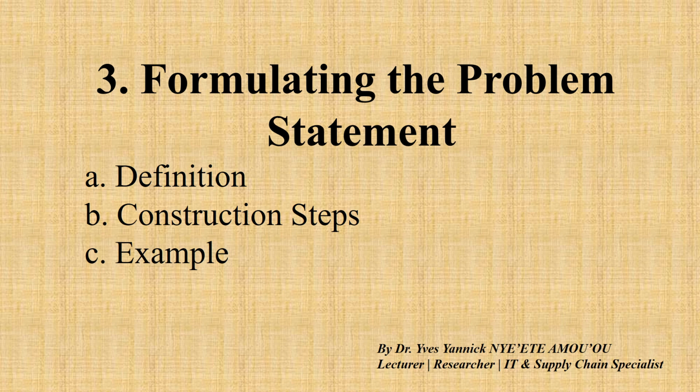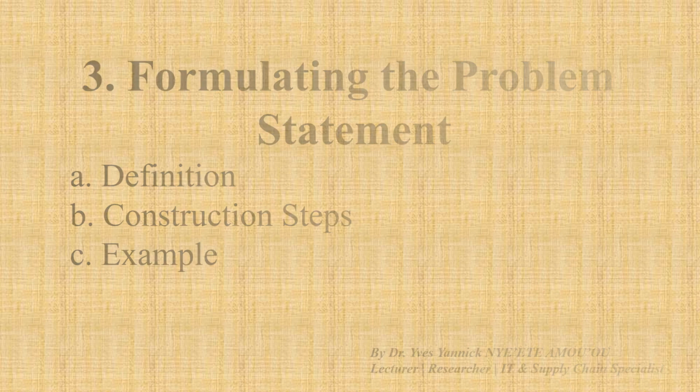Finally, we have section 4, entitled Defining Research Objectives. Once the problem is defined, you must set clear goals for your study. There you have general objective and specific objective.